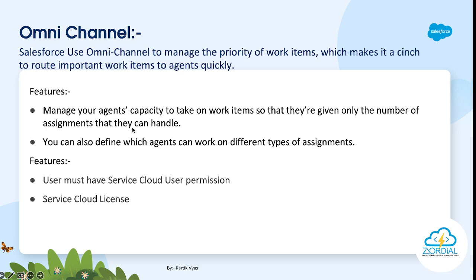Omni-Channel has features like managing capacity, meaning how much work we provide to an agent, and we can also define which type of work will be assigned to which type of agent through skills and many more things. The prerequisites are that we must have the Service Cloud user permission and a Service Cloud license.